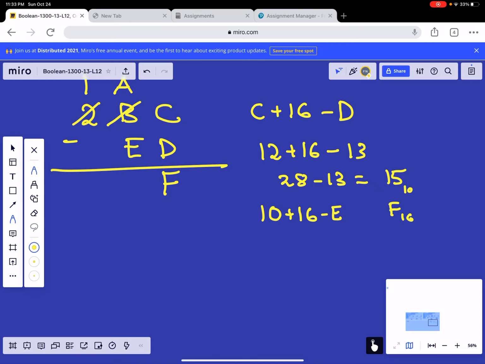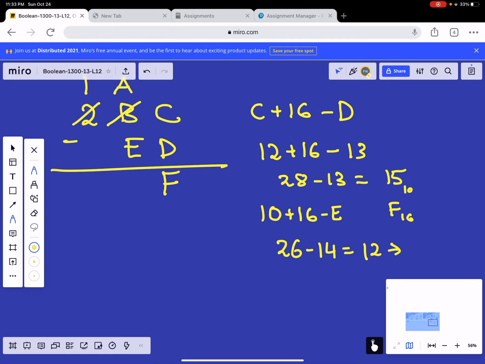I write out 26. Subtract E. E is 14. So 26 subtract 14 equal 12. And you change back to hexa.